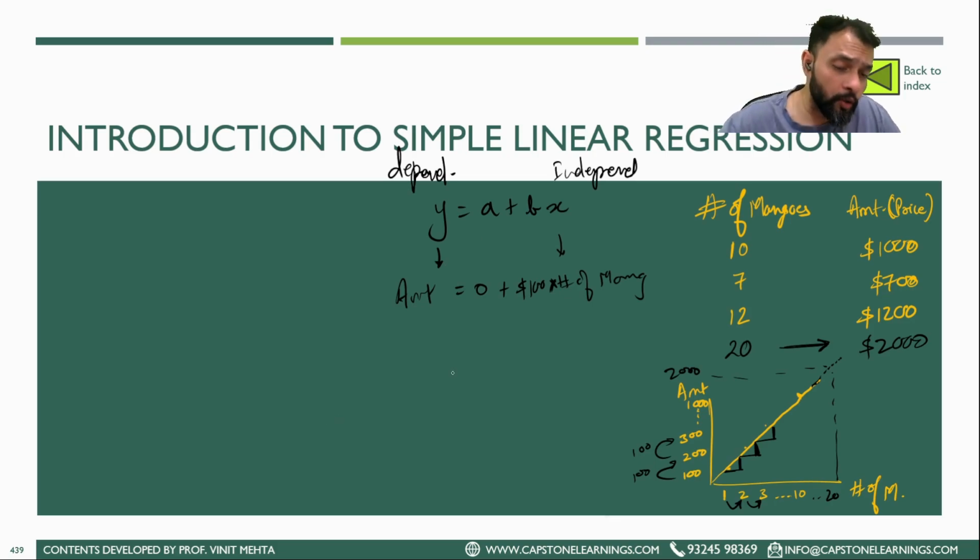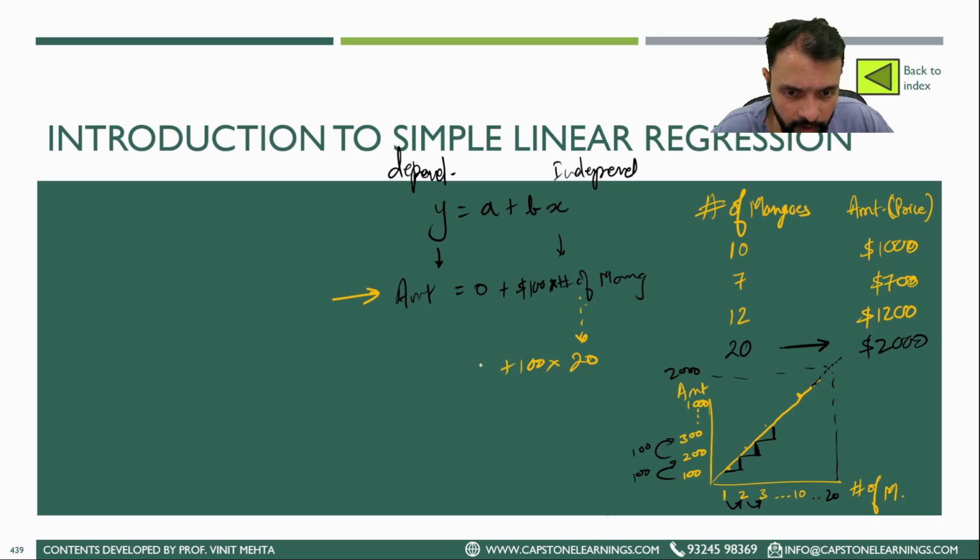So you looked at the historical data and you yourself came up with this equation in your mind. Based on this quantified relationship between the number of mangoes and the amount, which is based on historical observation, when I asked you to predict the amount when I am purchasing 20 mangoes, you just did 20 into 100 plus 0, and that's how you arrived at the answer of $2000.